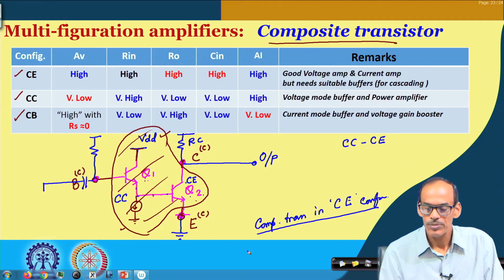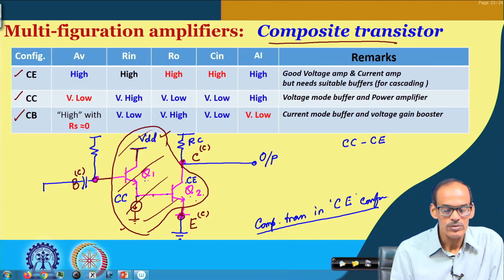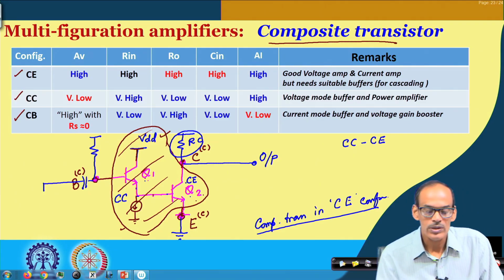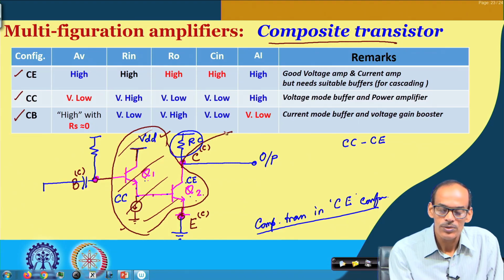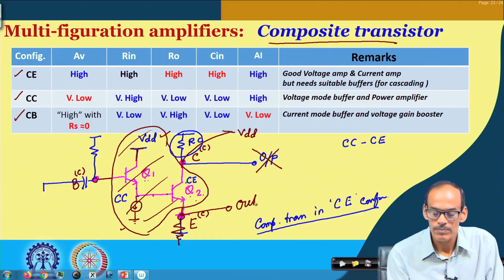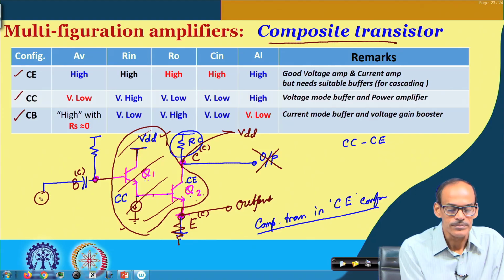Likewise, if I put the composite transistor in CC configuration, what do I have to do? Instead of connecting this to ground and the supply, I should connect it directly to VDD, and instead of calling this the output, we will put a resistance here, RL, and call this the output, and of course we will be feeding the signal here.